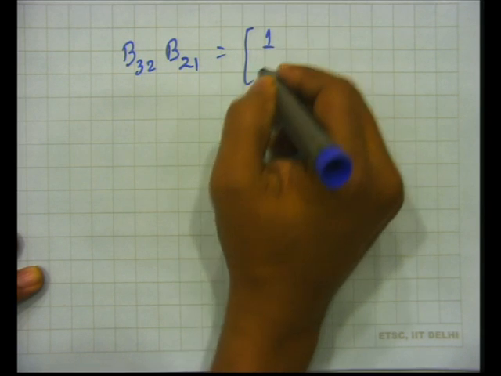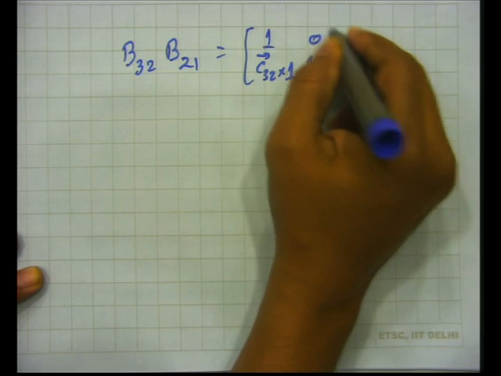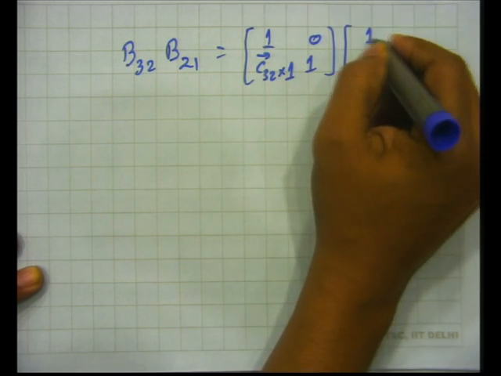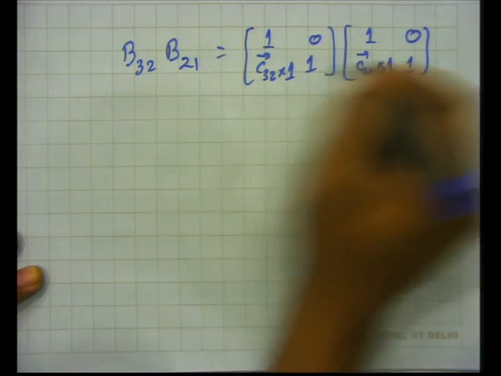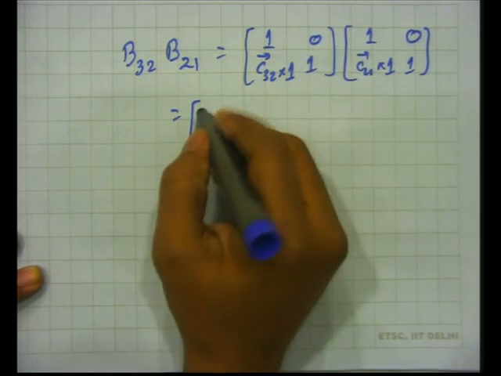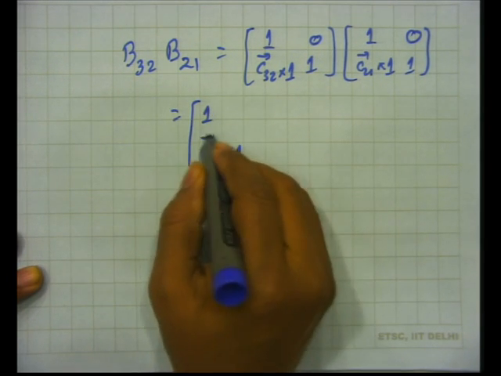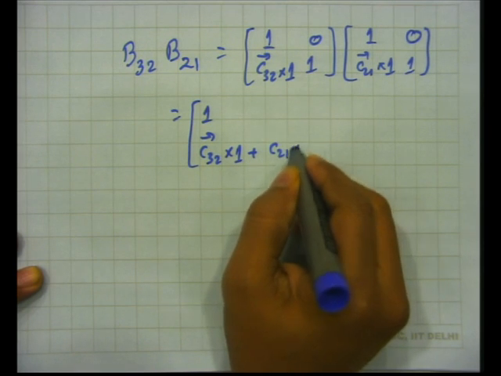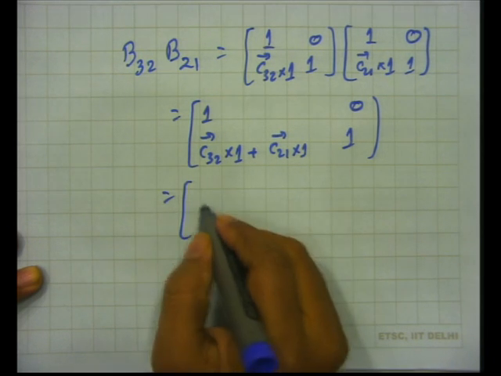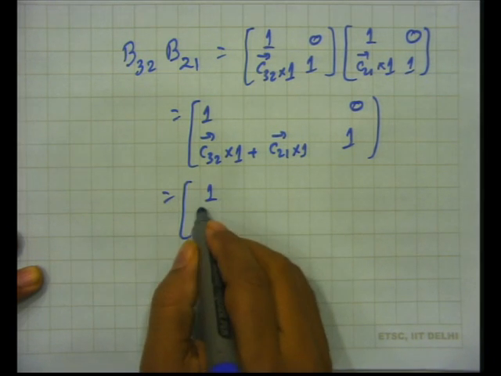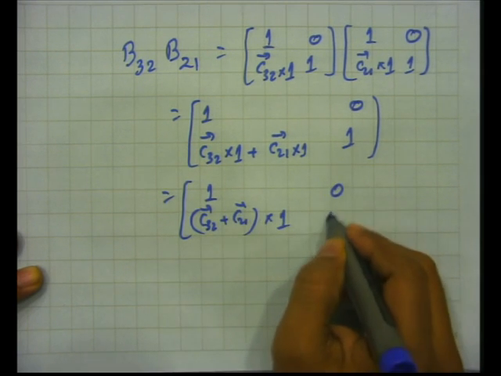So, you have [1 C32 cross; 1 0 1] and then I have [1 C21 cross; 1 0 1]. So, if you look into it, with the identity, this is C32 cross 1 plus C21 cross 1 0 1. So, this can be written as C32 plus C21 cross 1 0 1.